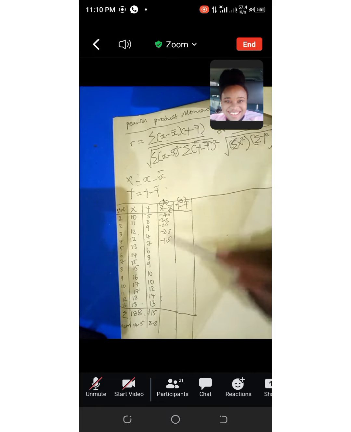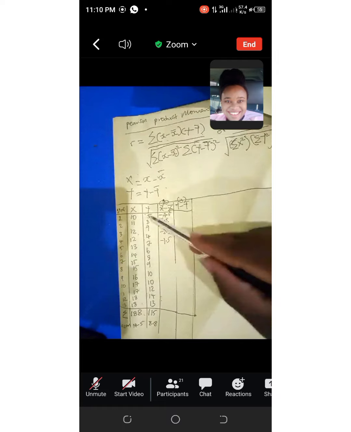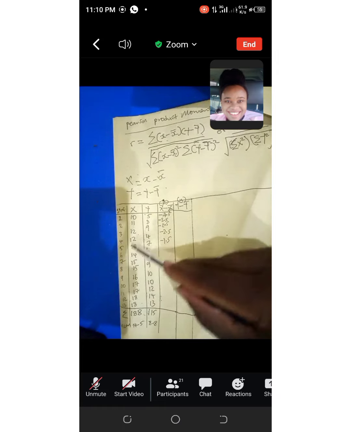We are subtracting each of these x values from the mean.